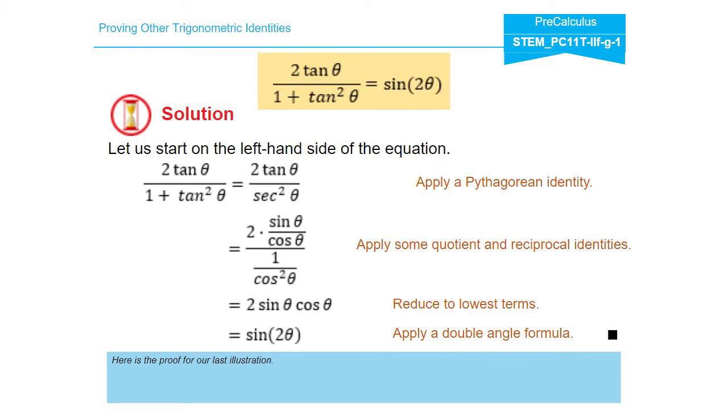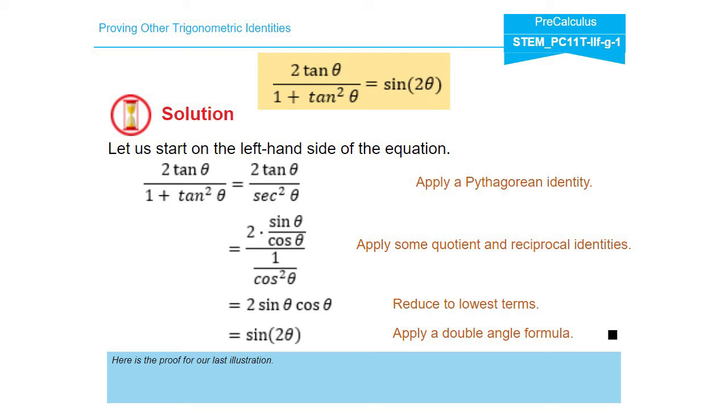Next, let's have 2 sine theta over 1 plus tangent square theta equals sine 2 theta. So we can apply the Pythagorean identity in the denominator on the left hand side of the equation. So we can change it into secant square theta, okay? And then for the tangent theta, we can apply the quotient identity. Let's change it into sine theta over cosine theta.